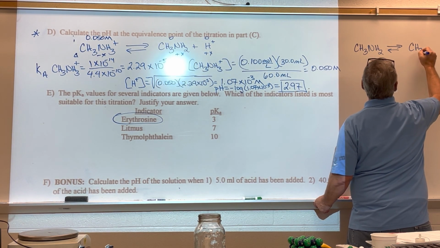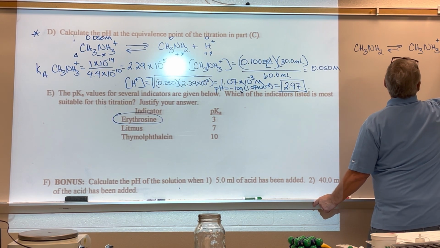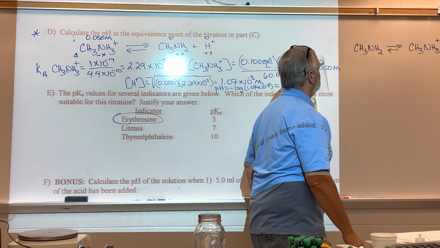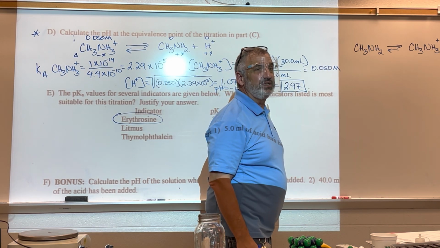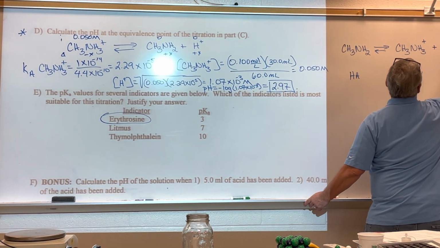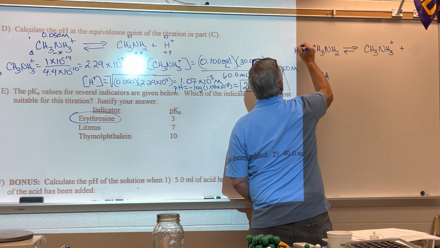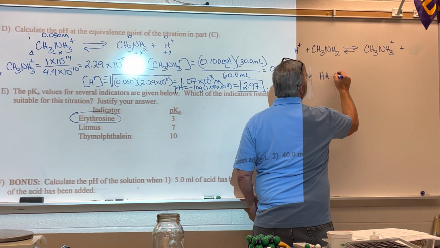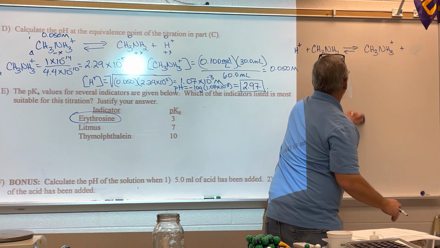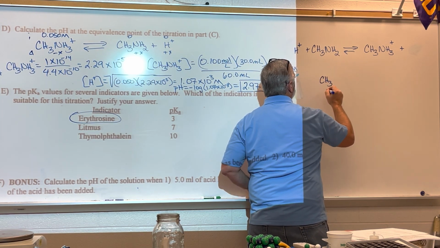We're making CH3NH3 plus and some Cl minus. So I'm adding HCl, I'm adding acid to it. Plus H plus here. When I'm looking at the base, this CH3NH2, I don't even need to rewrite it.